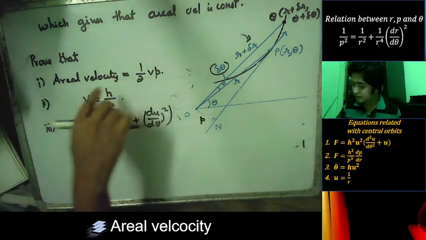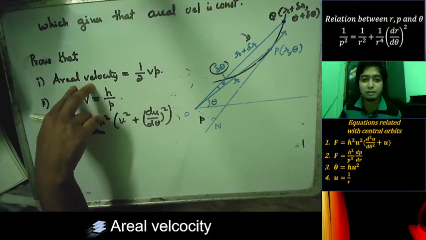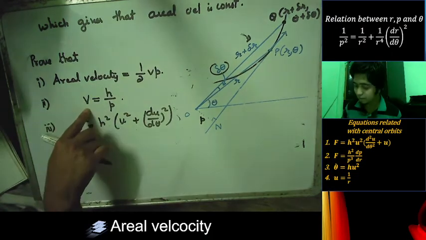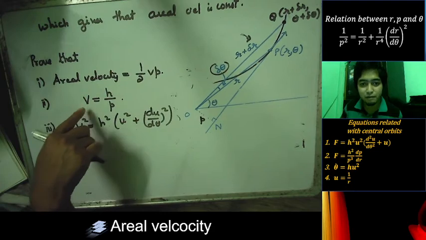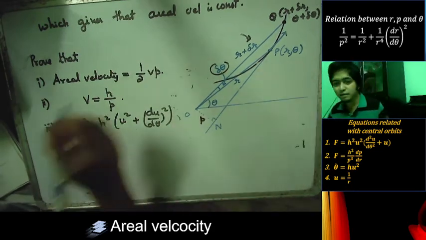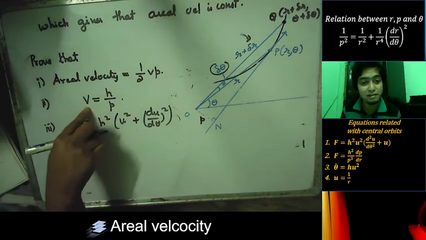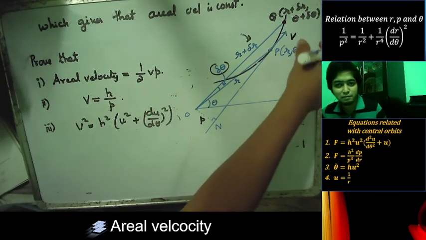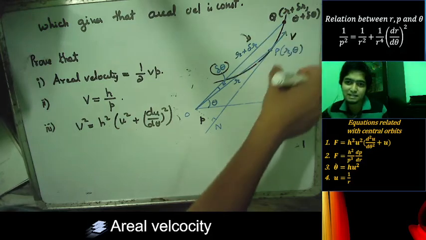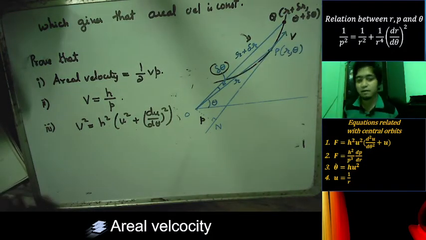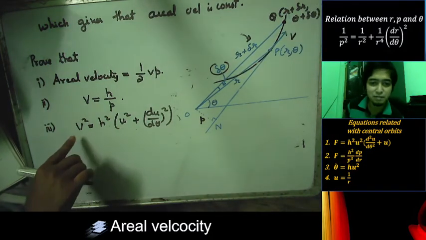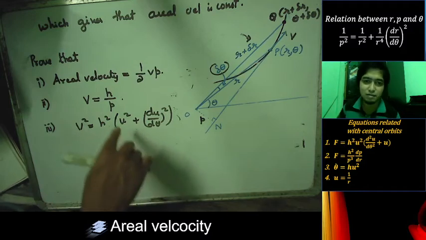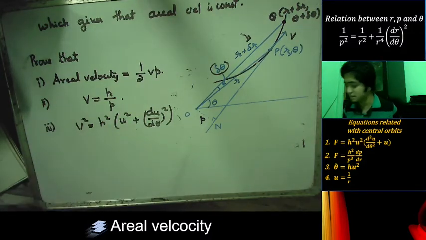Okay, this gives us another relation for the areal velocity. And then we will be having v, which is the velocity. Take note that v is not the areal velocity but just the velocity of the particle, and the velocity of the particle always acts tangentially. Also, this is a relation between the velocity, u, theta and h.